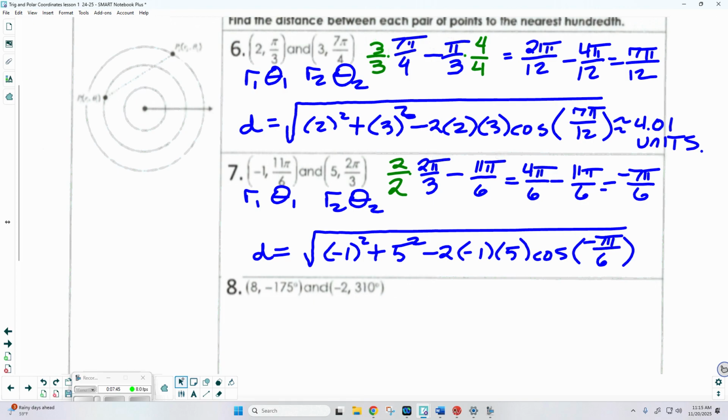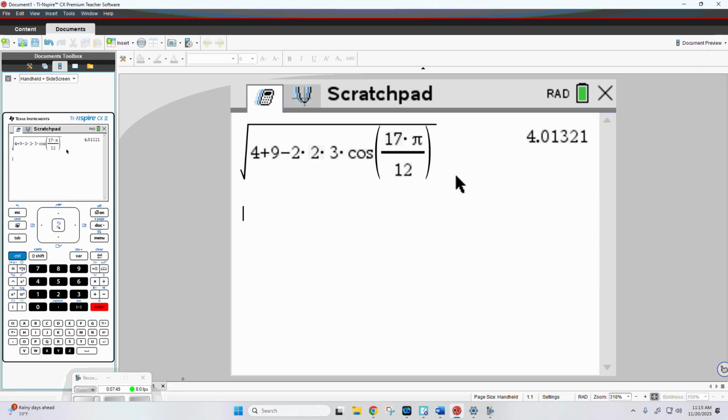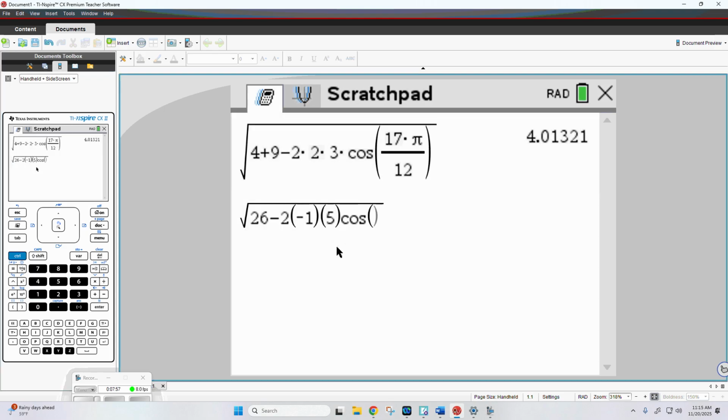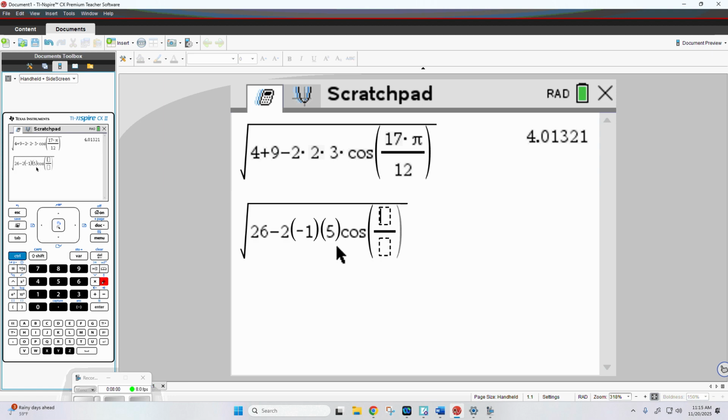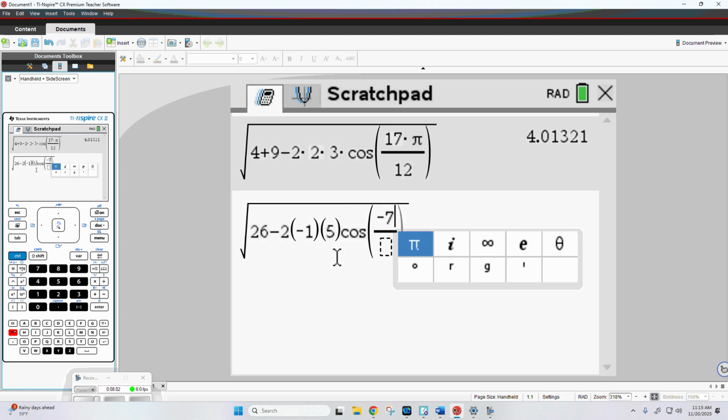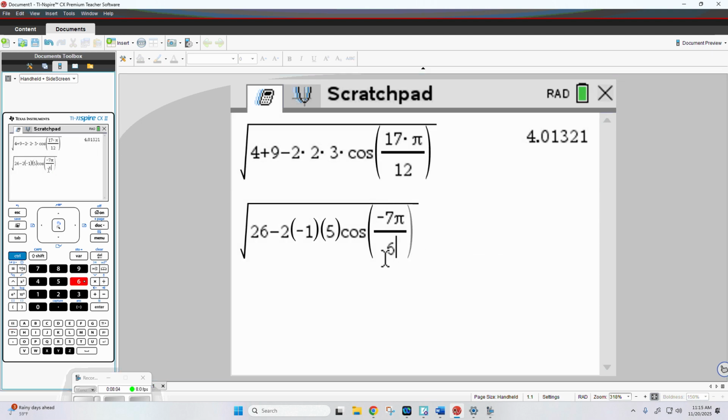So I'm going to take a shortcut. The 1 squared plus the 5 squared is going to give me 26. So I'm going to come on over here, the square root of 26 minus 2 times that negative 1 times 5 times the cosine of that negative 7 pi over 6. So who can help me out?